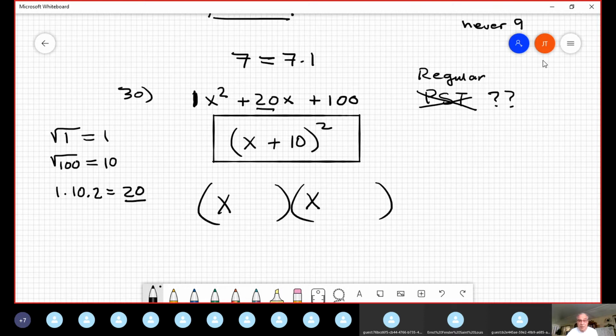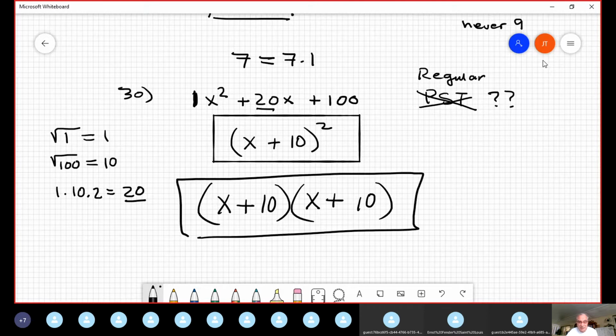I try to find two numbers that multiply to give me 100 and, when adding, give 20. It's obvious: 10 and 10, because 10 times 10 is 100, and 10 plus 10 is 20. Plus, plus. And this answer is exactly the same as this. Okay? Personally, I like this, but it's the same. It's equivalent.